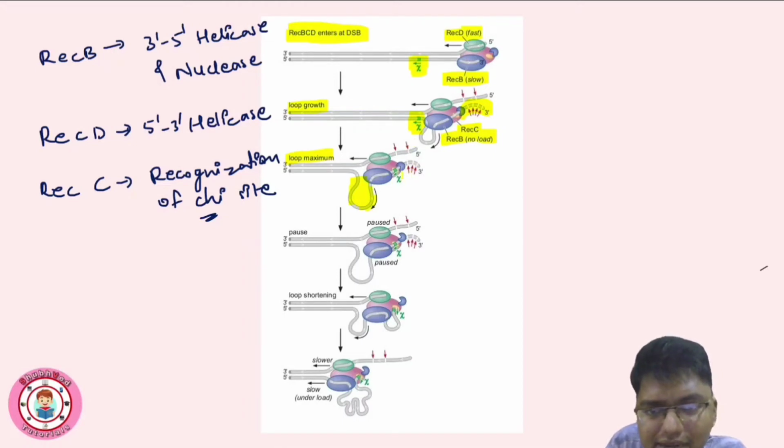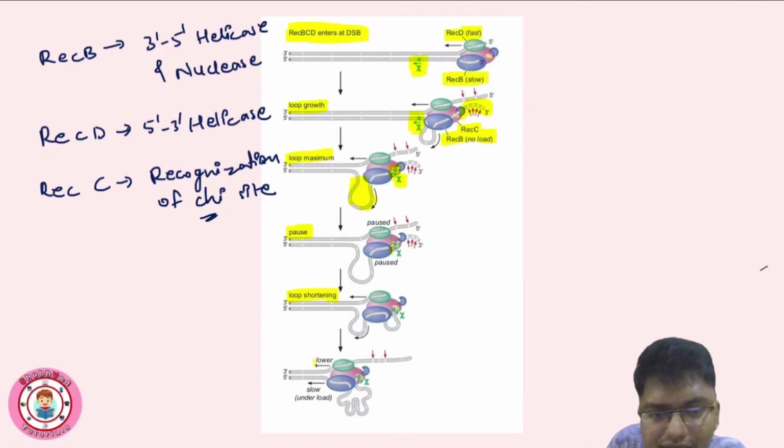Till the chi site, the nuclease activity is active, because the chi site will be recognized by the next protein. So this chi site has to come out. The ultimate goal is to bring this chi site outside like this. So this is the formation of a loop-like structure. As the chi site comes out, a pause takes place. Pause means stop. Again, now loop shortening.